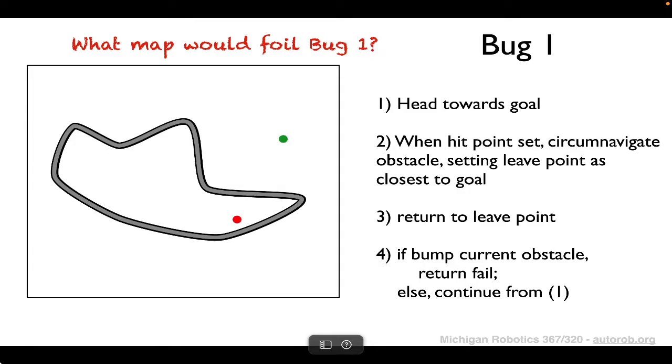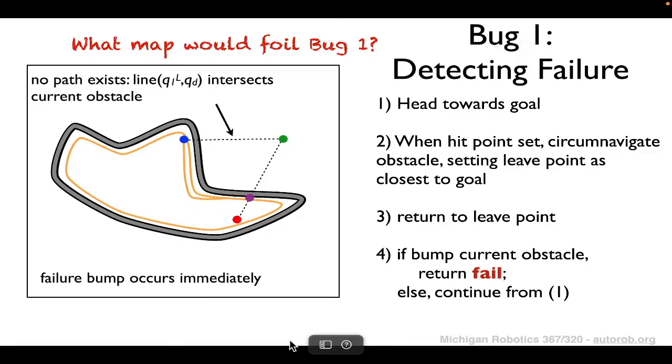In particular, the logic that we've added is highlighted down in the pseudocode line number 4 here. Essentially what we're going to do is have the algorithm check whether the leave point that it sets based on the shortest distance to the goal, if that point still results in the robot bumping into the obstacle, then we can return failure, because we'll know that there's going to be no path leading from that point to the goal.